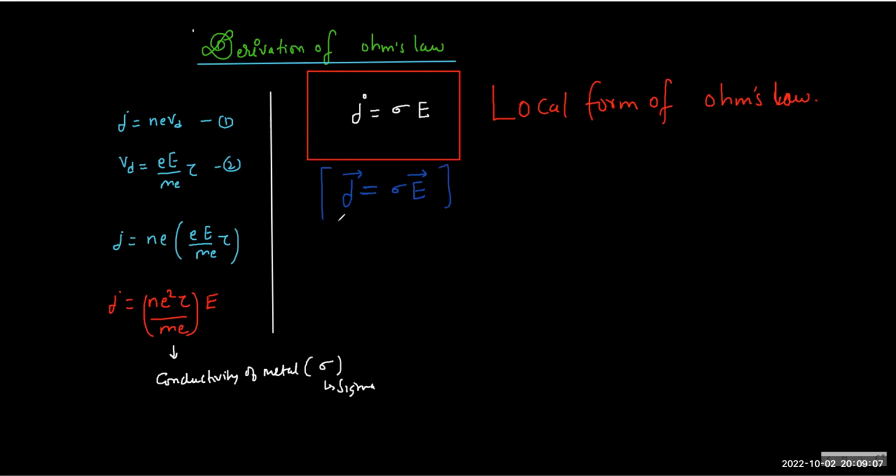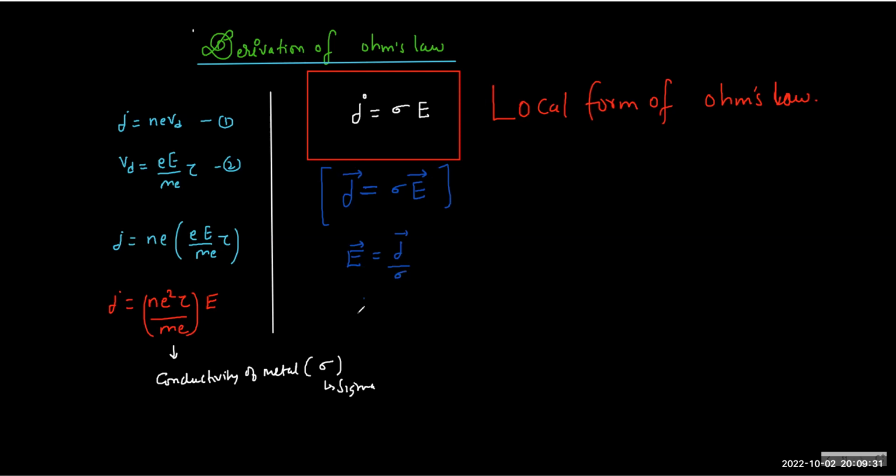Sigma is definitely a scalar, but E is a vector, and that is why J is a vector. This is Ohm's law actually. And if you want, you can also write E equals J by sigma, again a matter of convenience.